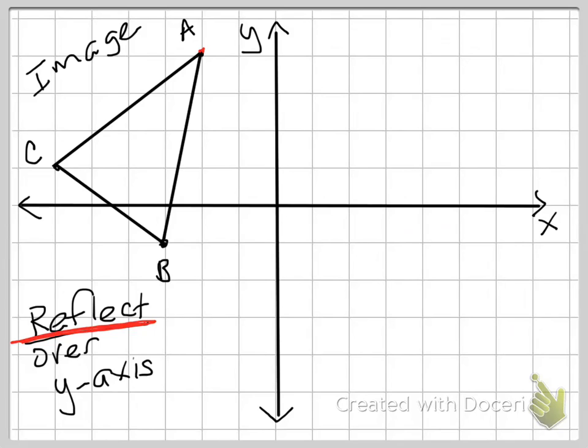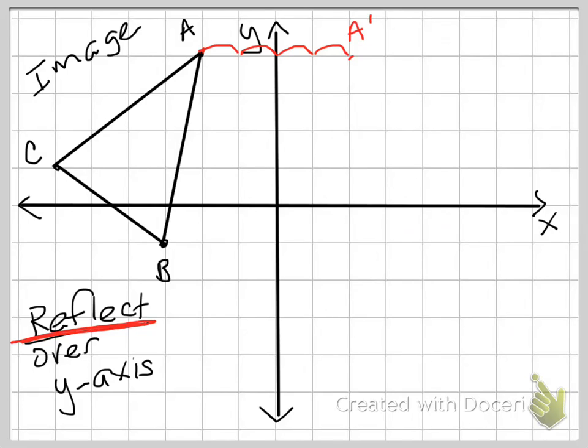Best thing to do is figure out the distance of A from the y axis and reflect it that same distance over the y axis. So here, starting with A, this is 2 units from y. So I'm going to reflect it over the y-axis 2 units. So 1, 2. So this point right here is going to be A prime.